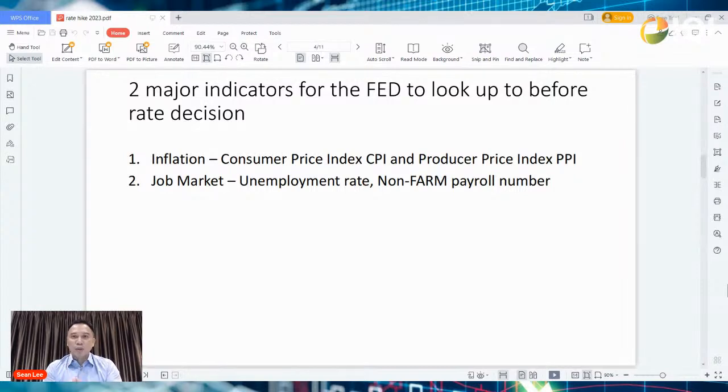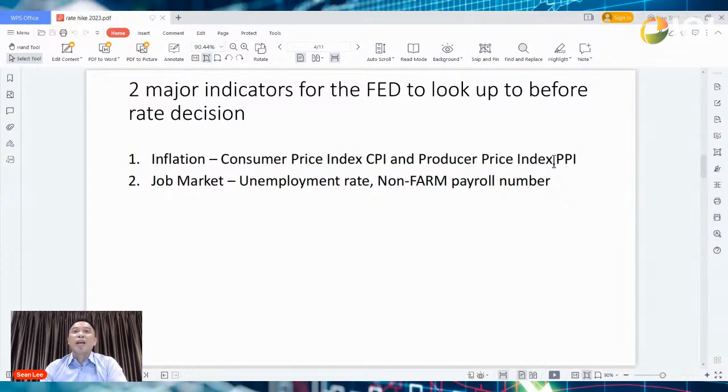Now, as I mentioned to you, whether the Federal Reserve, or the Fed, would increase or put the interest rate on hold, there are basically two major indicators they will look at. Number one is inflation. Is the inflation rate hot? Is everything getting more and more expensive compared to the same month last year? We're looking at the consumer price index year over year, and whether things are becoming more expensive compared to last month. The other one they look at is PPI, the producer price index.